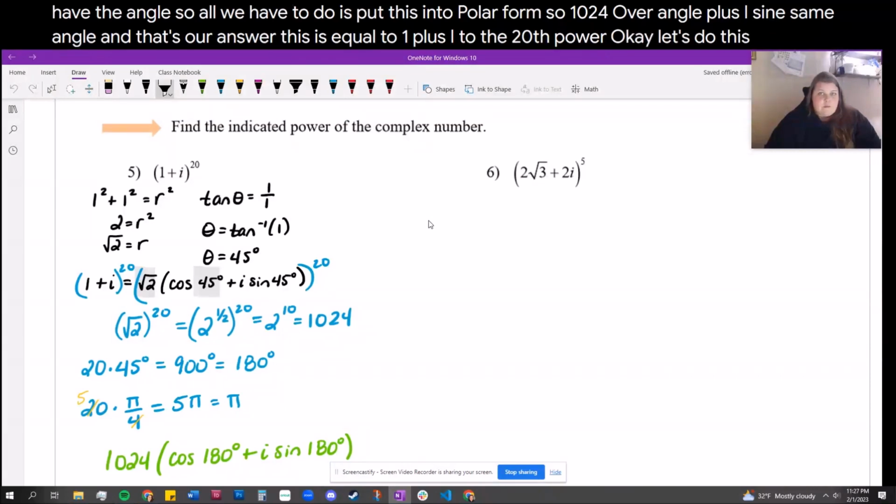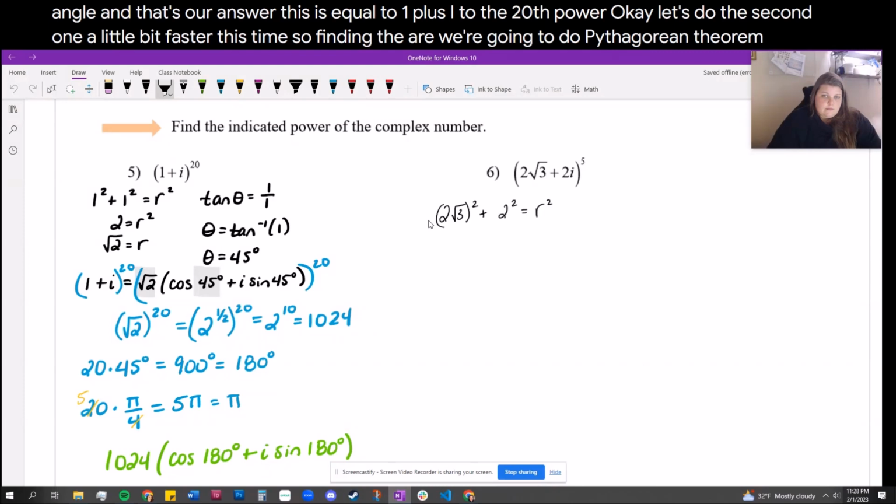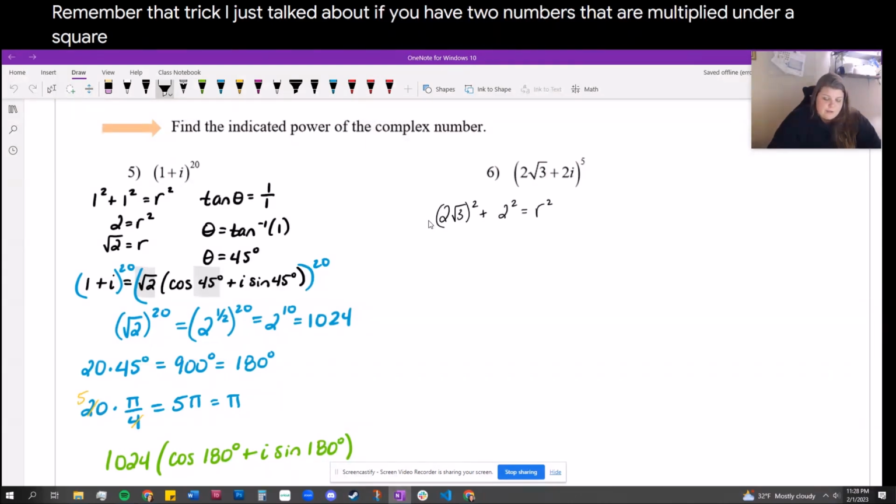Okay, let's do the second one a little bit faster this time. So finding the r, we're going to do Pythagorean theorem. Remember that trick I just talked about? If you have two numbers that are multiplied under a square, you can distribute it.